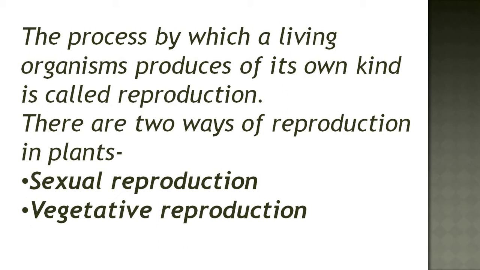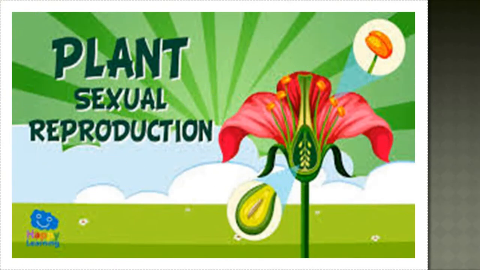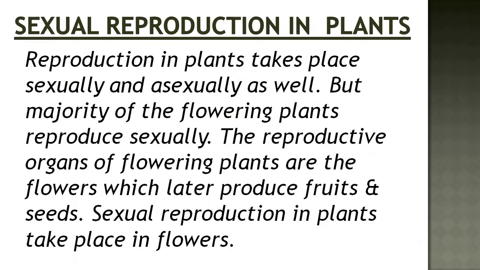There are two ways of reproduction, meaning plants reproduce in two ways. First is sexual reproduction and second is vegetative reproduction. In today's class, we will discuss only plant sexual reproduction. Reproduction in plants takes place sexually and asexually as well.